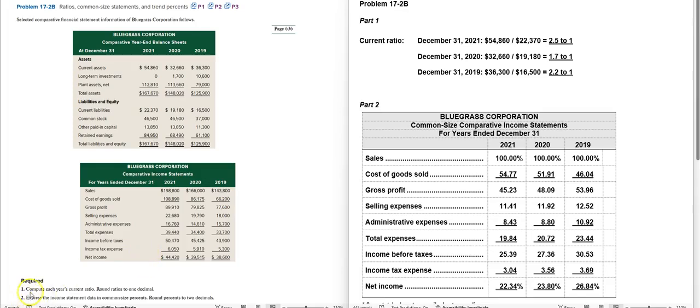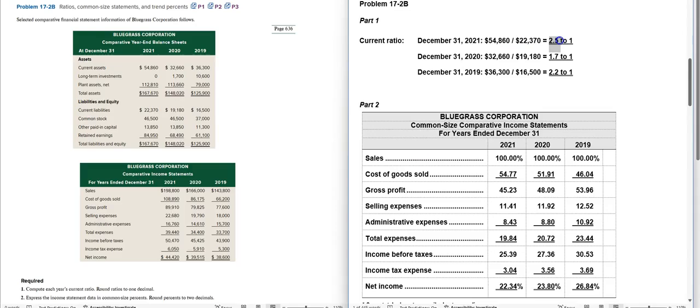First thing they want us to do is compute each year's current ratio. To calculate the current ratio, the formula is to take the dollar amount of current assets and divide by the dollar amount of current liabilities. If we take the current assets for 2021, which are 54,860, and divide by the current liabilities at the end of 2021, we come up with 2.5.